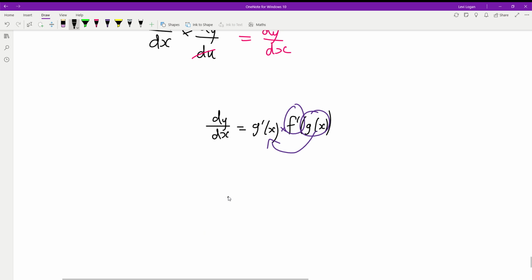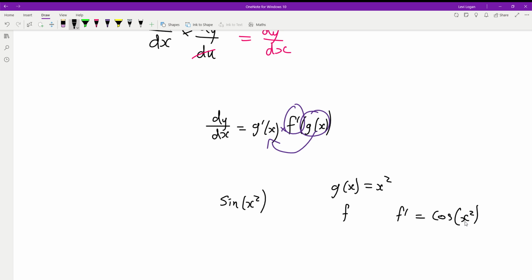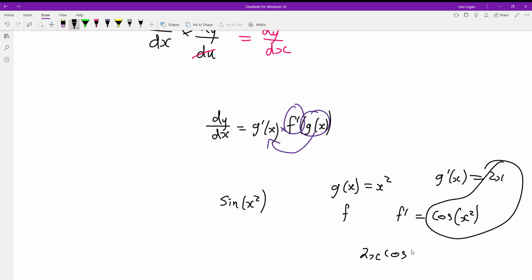So for example, if we have sine of x squared now, my inside function, my g of x, is x squared. And my f is going to be sine. So that means f dash is going to be cos of x squared, because we leave the inside function, and g dash of x is going to be 2x. Multiply these two together and you get the derivative.